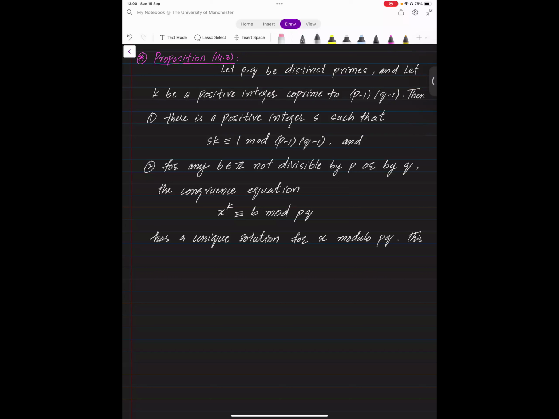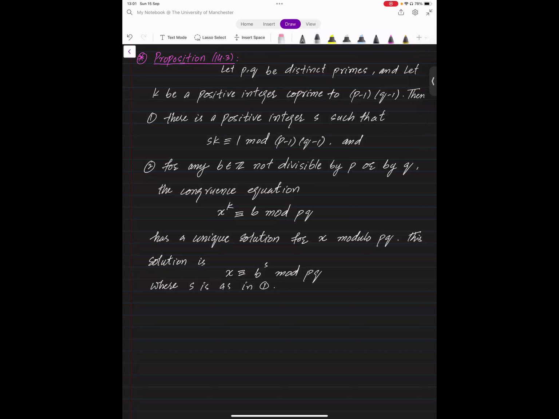This solution is x congruent to b power s mod pq, where s is as in 1.